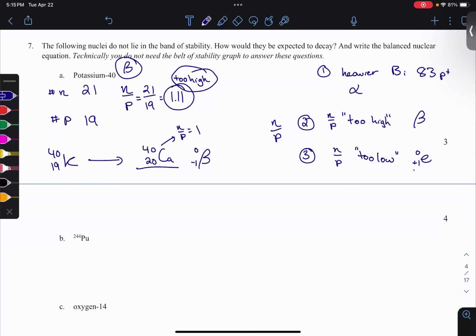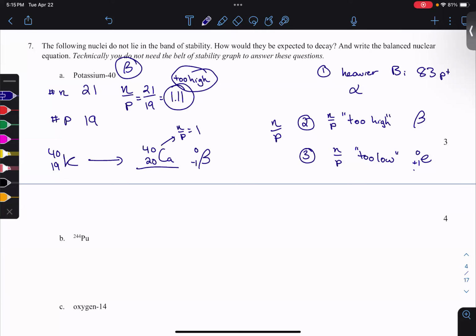Potassium 40? No, it's probably potassium 39. So that means potassium 39 is stable, because its molar mass is around 39. So having potassium 40 again has too many neutrons there, right? Okay, so there's that one.